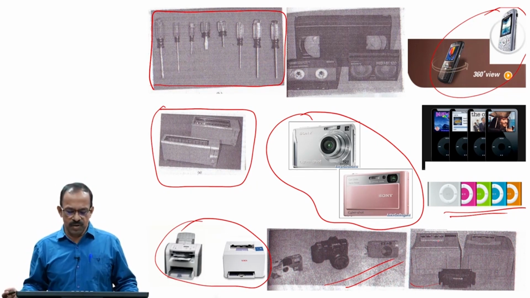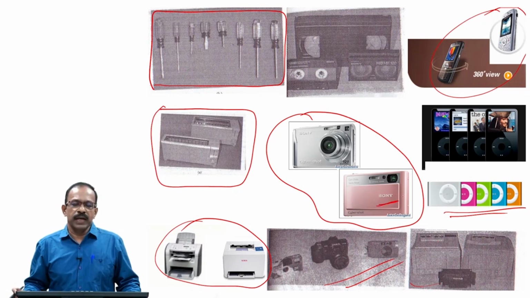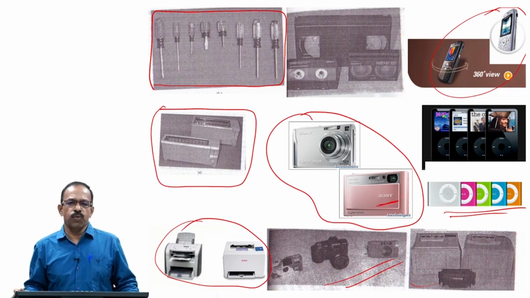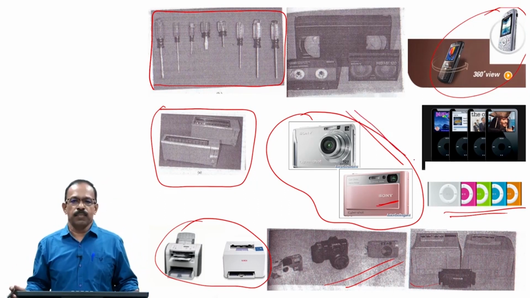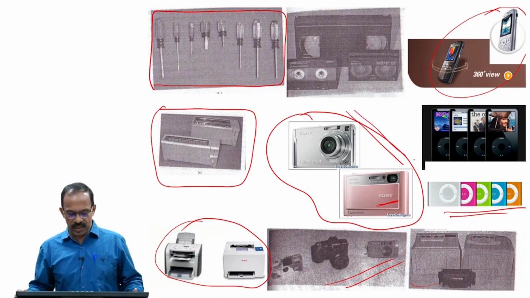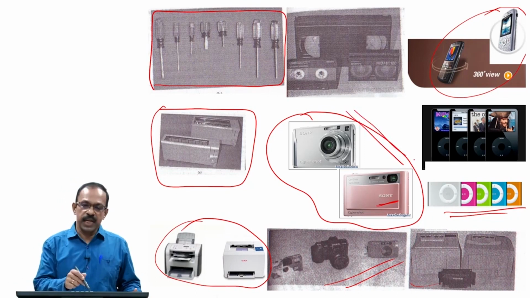For example, if you take Sony, when they want to bring cameras to the market, they do not bring only one model. They will have multiple models in their product portfolio.